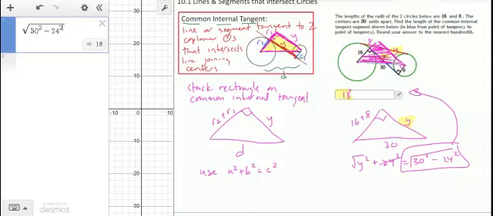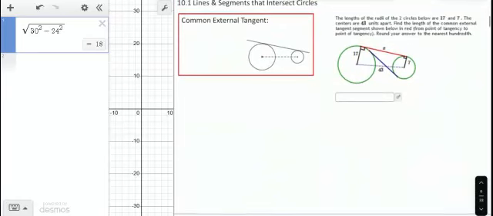The common external tangent is a similar type of process. You're going to build it off of the radii of the two circles. But this time, instead of building a rectangle onto it, you're going to remove a rectangle off of it. Okay, and so here's the common external tangent. Notice it's the same two circles, but now it's the common tangent that does not pass through that imaginary line connecting the centers.